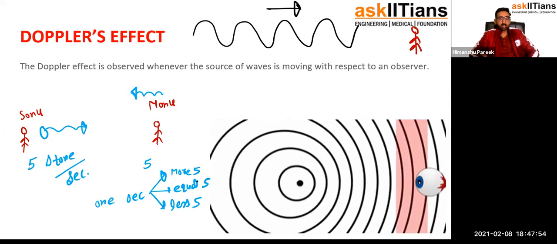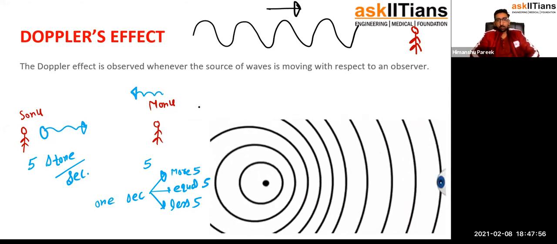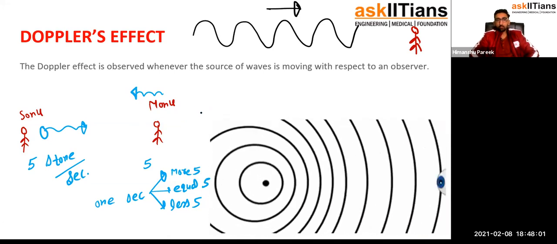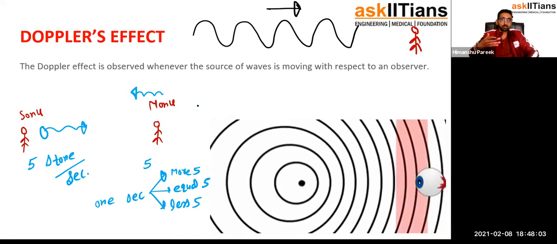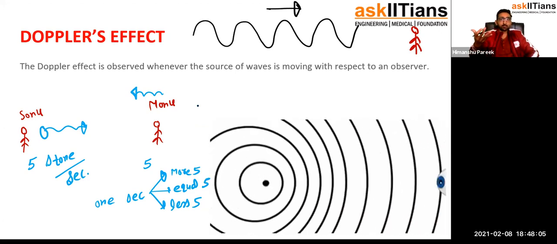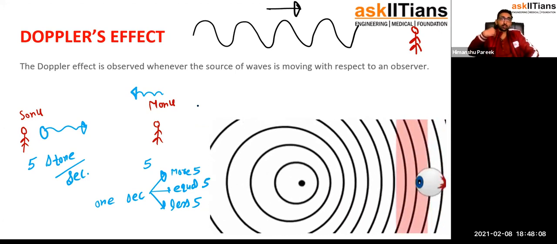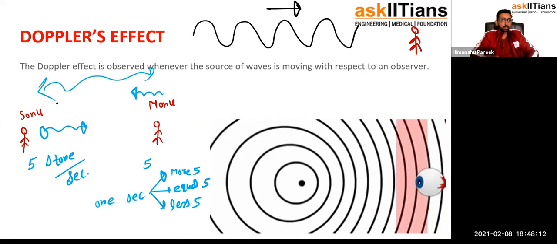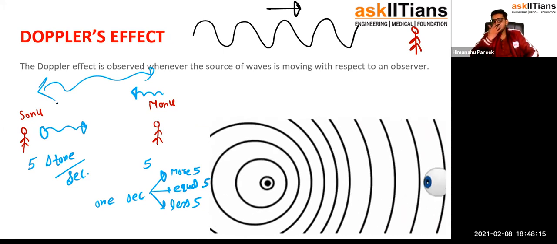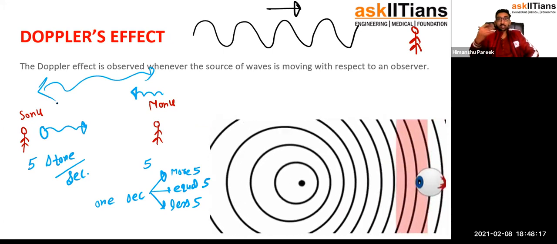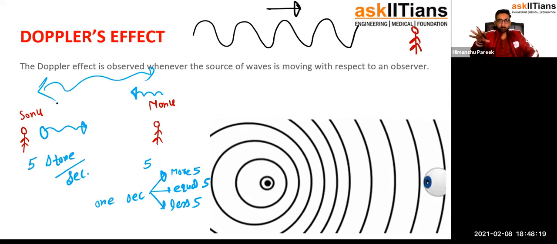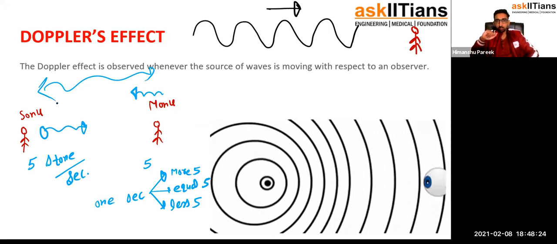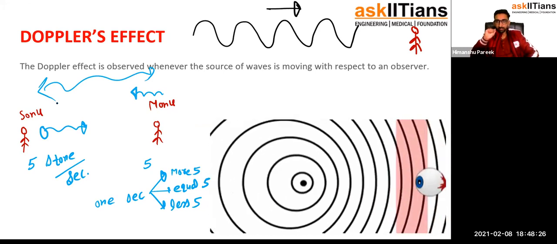But now Monu has started walking towards Sonu. So guys, it's very obvious he'll be getting more stones, because in 1 second he was already getting 5 stones, and now the upcoming stones which were in between in the path, those also he'll be able to get because he has started moving towards Sonu. Or vice versa, if Sonu goes towards him, then also he'll receive more stones per second.